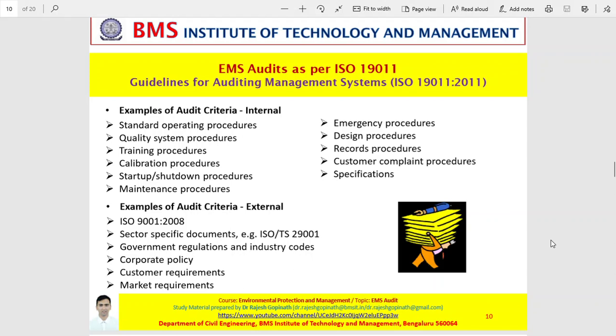If you think about the external criteria, then definitely the corporate policy, the customer requirement, the market requirement, government regulations, industry codes, and above all, the ISO reference.